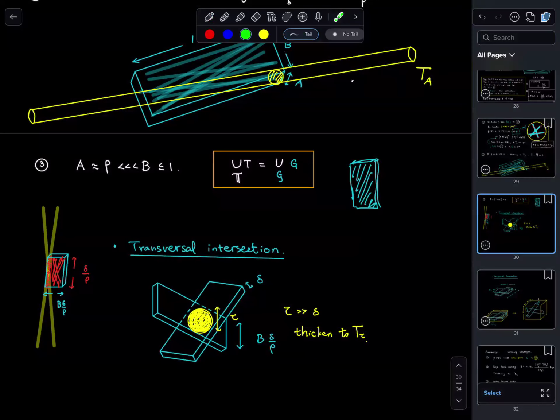So this picture is quite similar to the sticky case: the union of tubes will become a union of those thin boxes that are like a plank. So it's wider than.